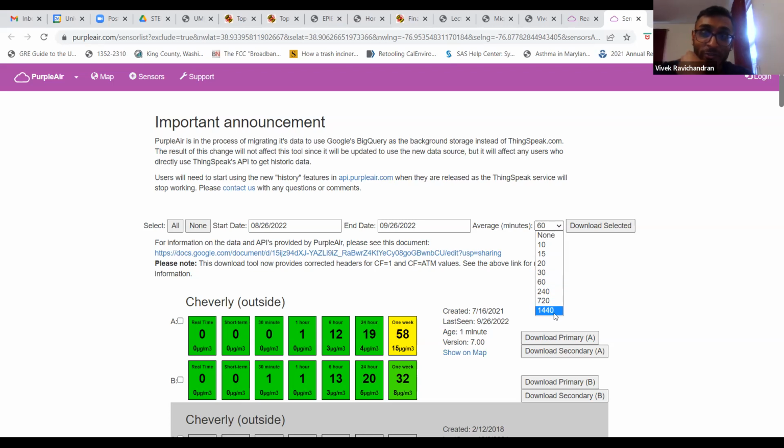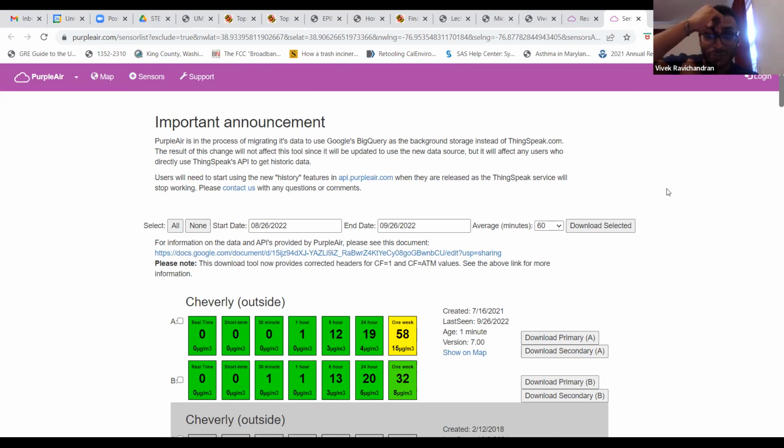If you want to look at daily averages, I think 1,440 minutes should be a day, right? There's a reason it's cut off that way. I'm just trying to figure out my math here. The reason folks use daily averages is because the EPA has both daily and annual standards, so it's a pretty firm comparison.